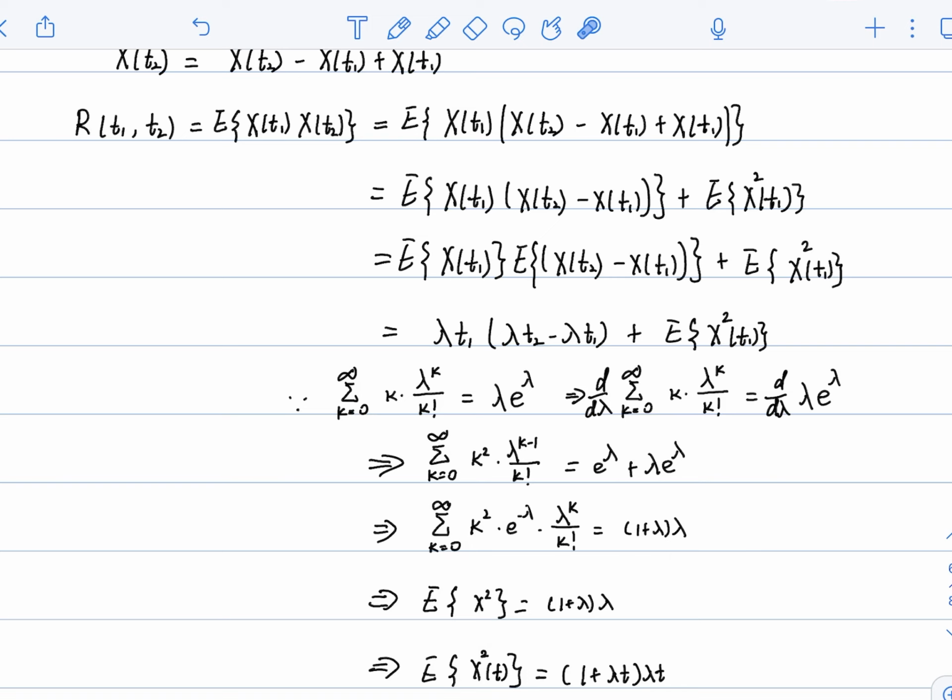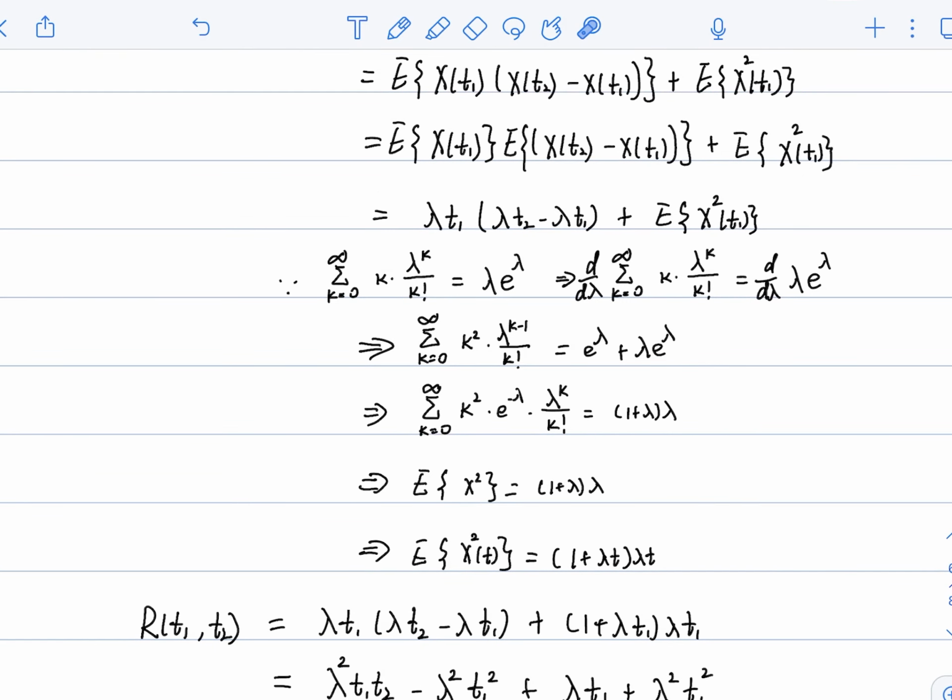We know that the expected value of X(t1) is equal to lambda t1, as already proved in question A. Similarly, this is equal to lambda t2 minus lambda t1. So we need to calculate the expected value of X(t1) squared.